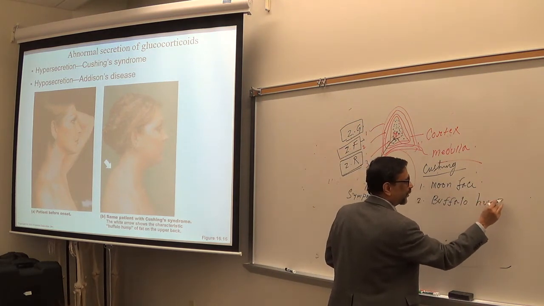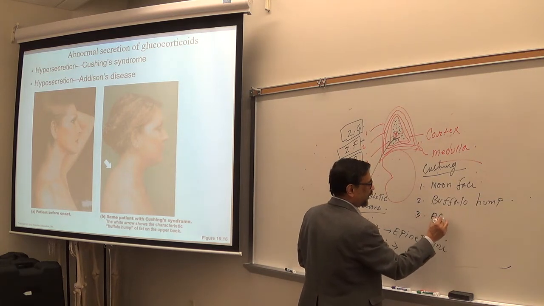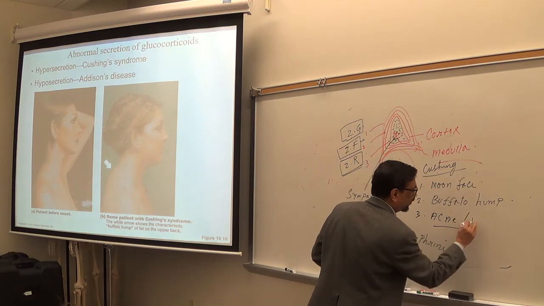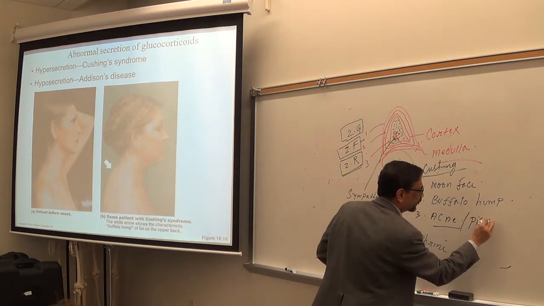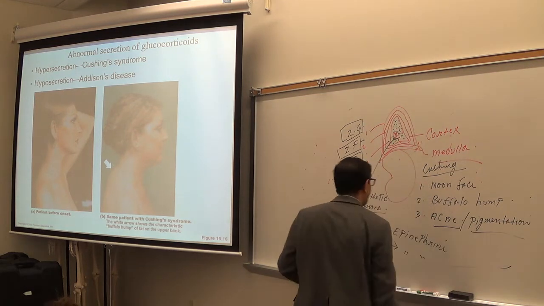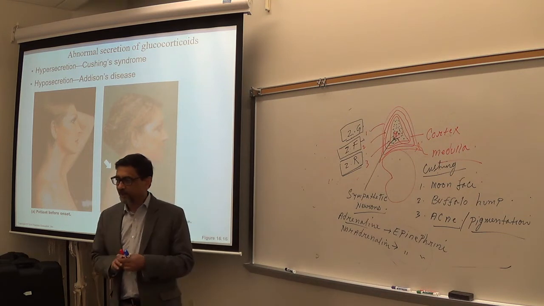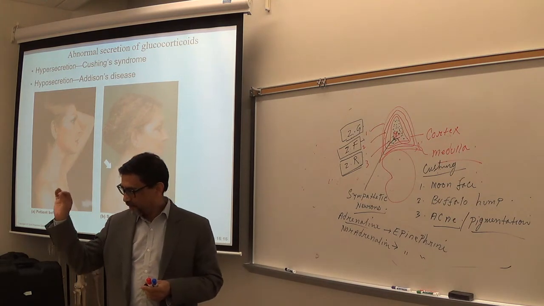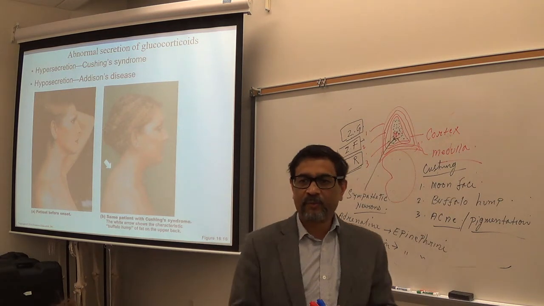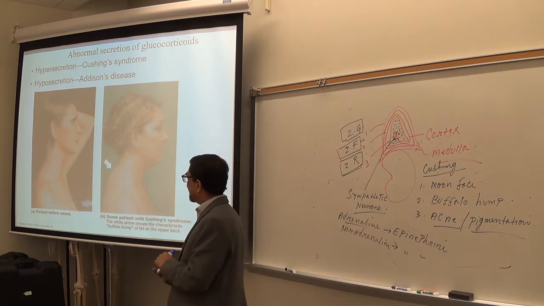Number three, acne, that's the pigmentation on the skin. Okay. So those are three common signs of Cushing syndrome. Moon face, buffalo hump, and pigmentation in the skin.